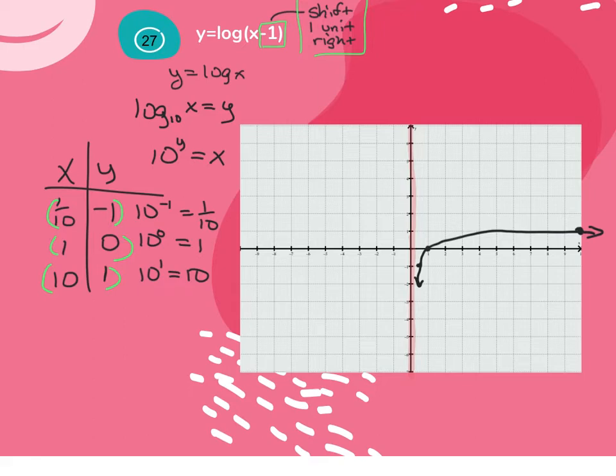Now I'm going to first shift the asymptote. So I'm going to shift my asymptote 1 unit to the right. So now my new vertical asymptote for this graph is going to be x equals 1. My domain shifts as well.